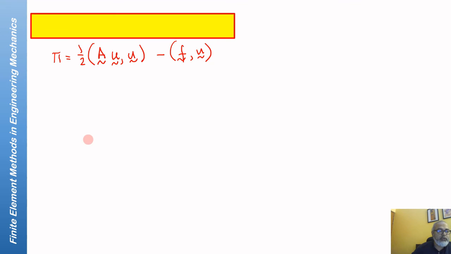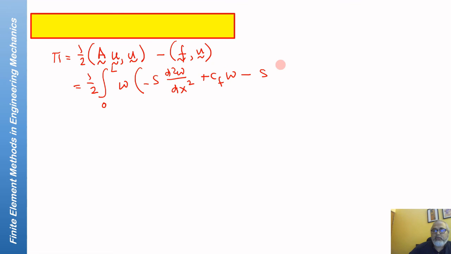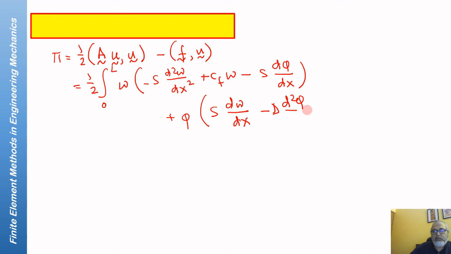So the first term would be half 0 to L W, this is the second term.